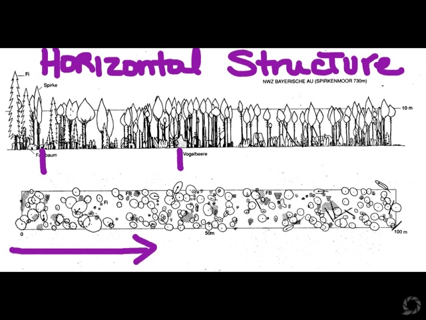This is horizontal structure. Horizontal structure can be deeply impacted by the presence or absence of other species. So species that dig their roots deep into the soil tend to grow a little bit closer to other species than species that spread their roots out side to side.